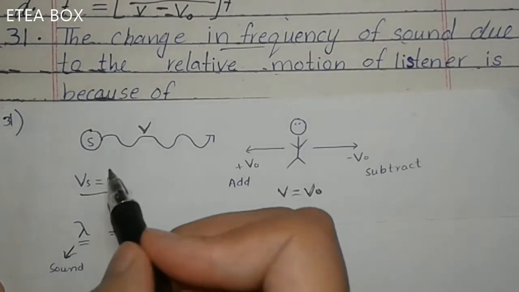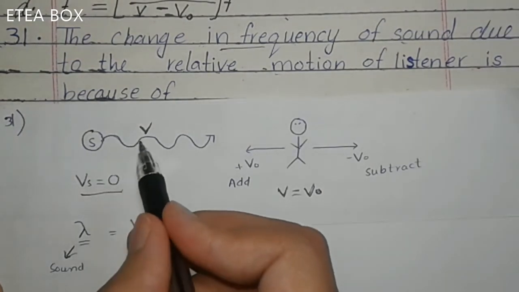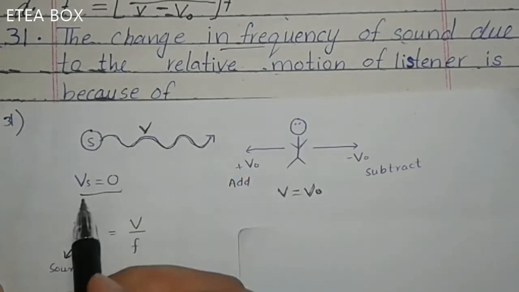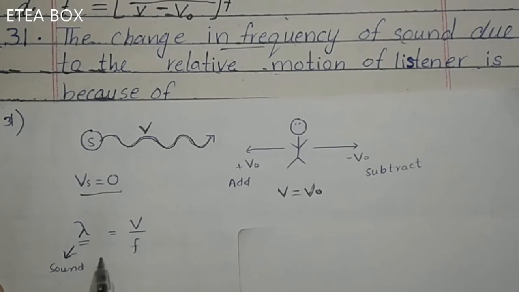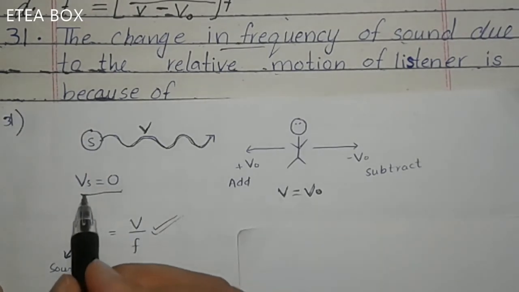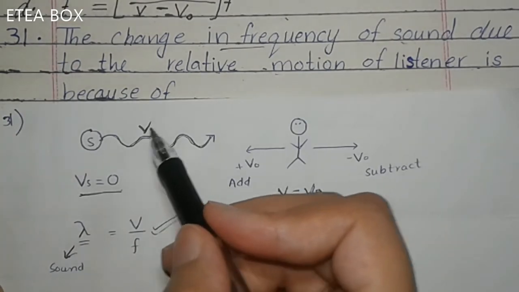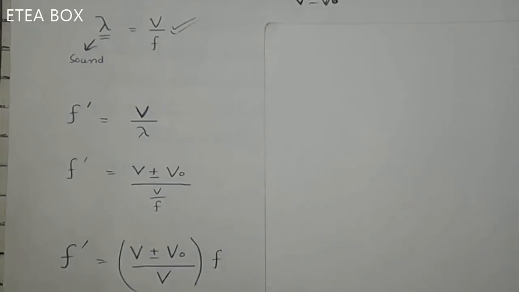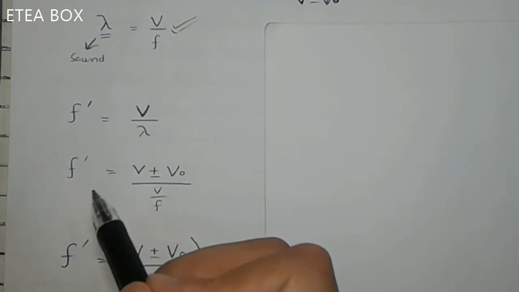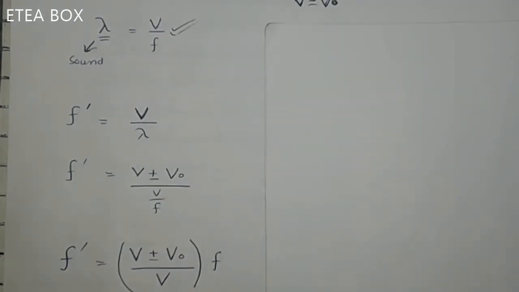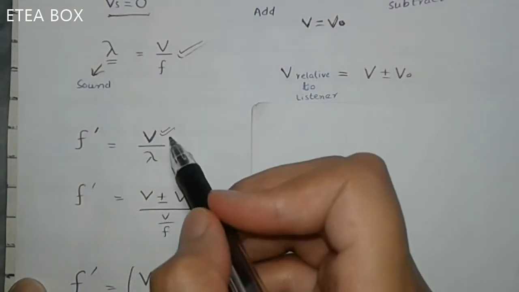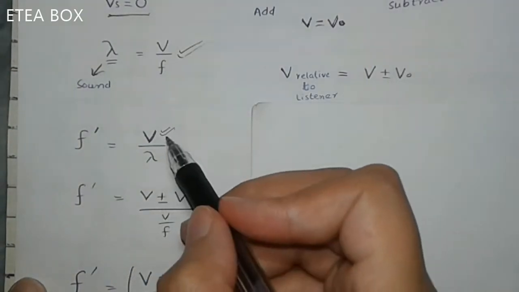The speed of sound is the same because the sound source is stationary, so the wavelength lambda remains the same. Now the new frequency will be v divided by lambda. What is this v? This v is the velocity of sound relative to the listener.